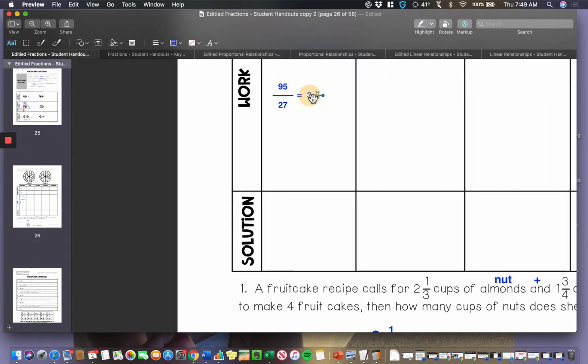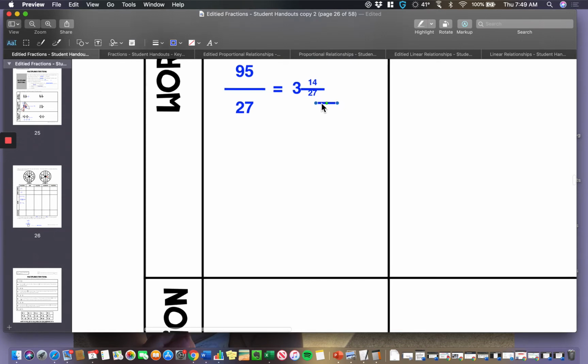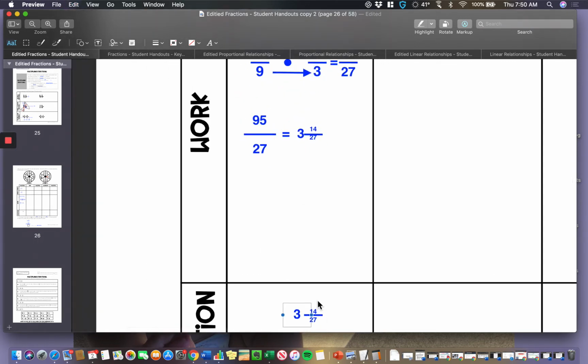So whatever you wrote right here can come on down, and just rewrite your answer down by the solution so your answer is clear to see.